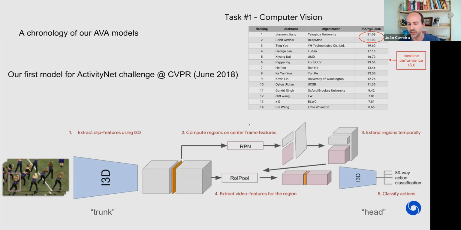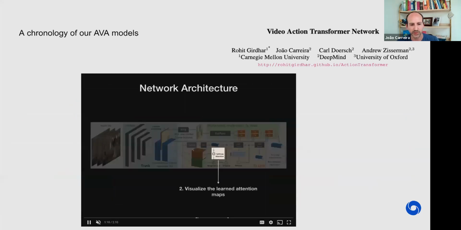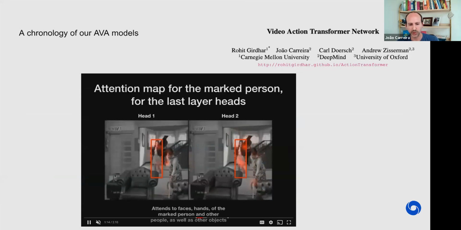So the dataset was recent at the time. And then we did some work on top of this and switched to transformers. We still had the i3D trunk, but to create the features for each box, we would use a transformer that would be conditional on every box, and then it would attend over the whole video contextually on that box. And I have some nice visualizations to show from that work. It both worked well and produced very intuitive attention maps.